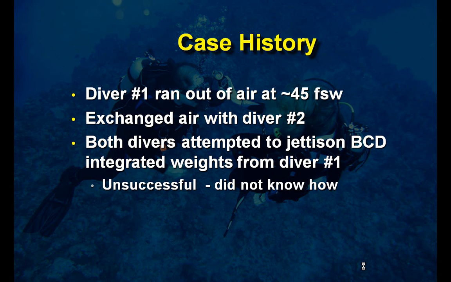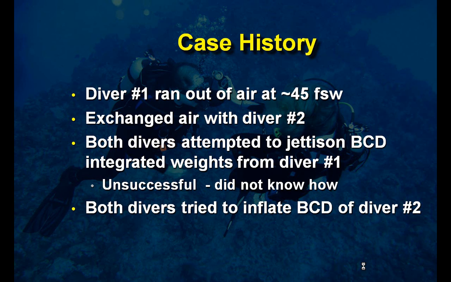The first time they ever looked at how it worked was when this emergency took place. Then, because they were sinking towards the bottom, they tried to inflate the BC of the person who was providing air, and they couldn't do it because it wasn't connected properly. No air was going in the BC. So they were continuing to sink to the bottom, even though they were trying desperately to get to the surface. The BC did not work.